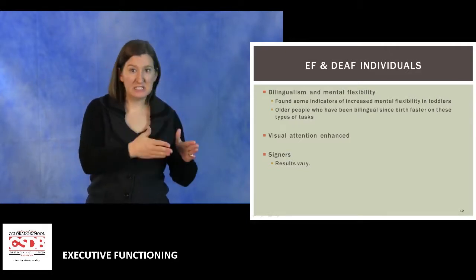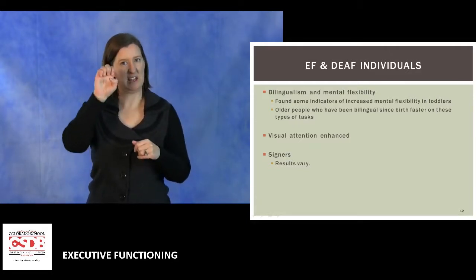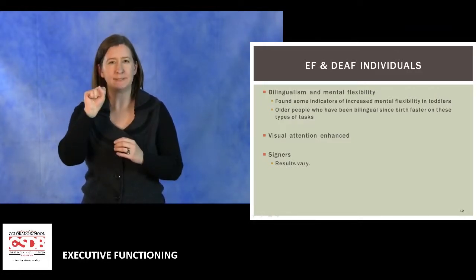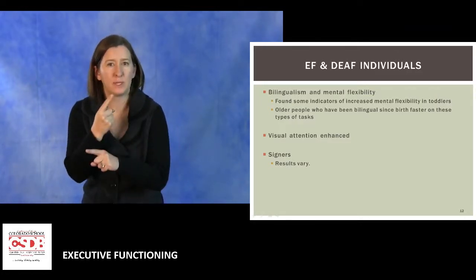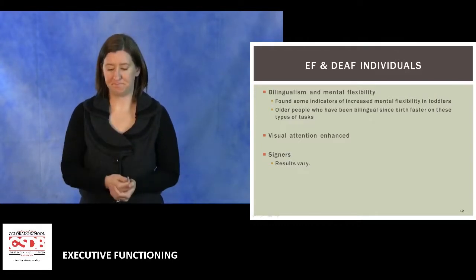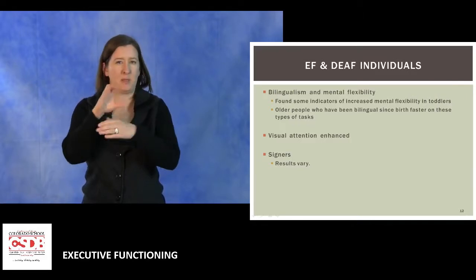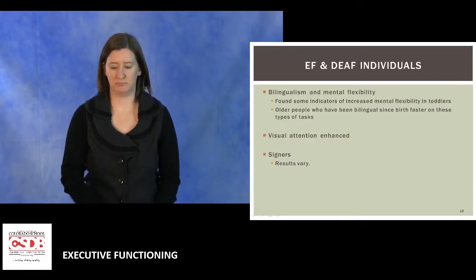Another study found that the signers had better EF skills, especially social cues, knowing what to say appropriately. I don't think there's enough evidence to make a conclusion about that.